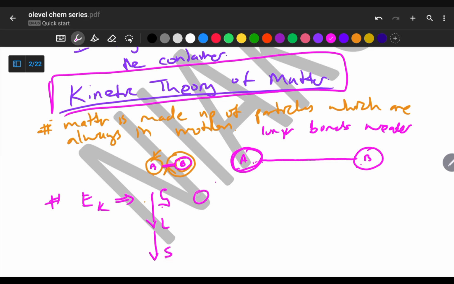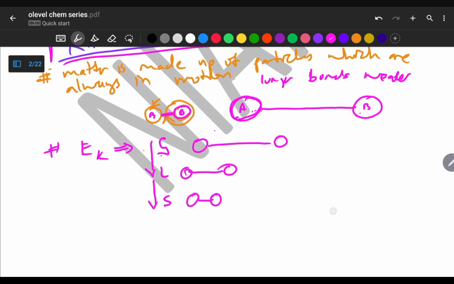In the gases we are having these longer bonds, in the liquids there is a slight reduction in the length, and in the solids there are stronger forces holding the particles, right? So the kinetic energy decreases from the gaseous phase to the liquid phase, going down to the solid phase, where we are having the lowest kinetic energy.